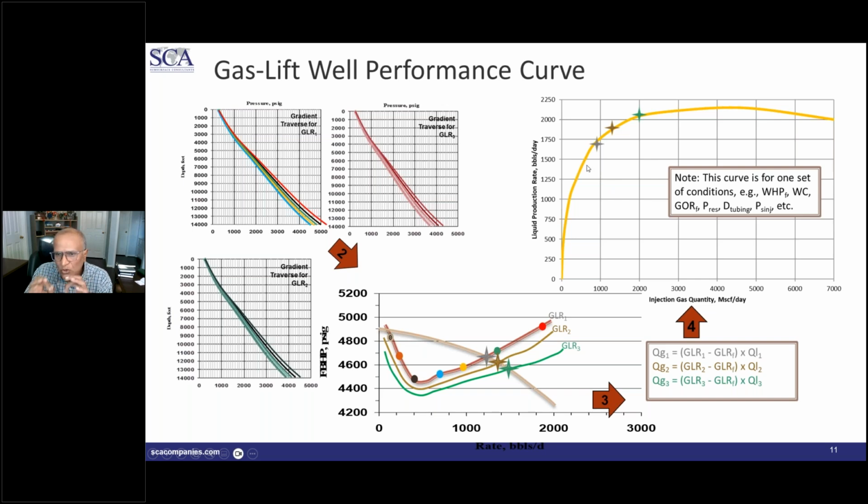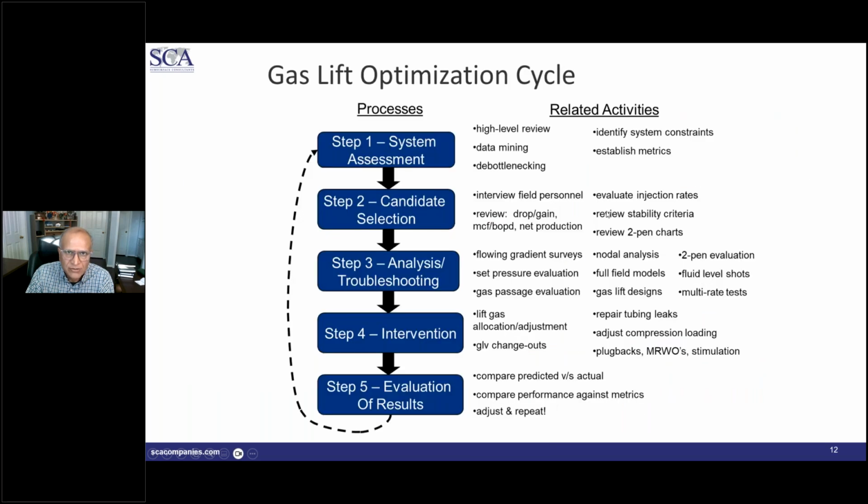And there's one more thought I'm going to put out: you have to keep in mind that when you have multiple wells and limited injection gas quantity, how do you distribute the gas? So far we talked about the gas lift design. Now, once you have operational gas lift in the field, you have to think about the optimization. How do you maximize the available injection gas to produce the most optimum rate?